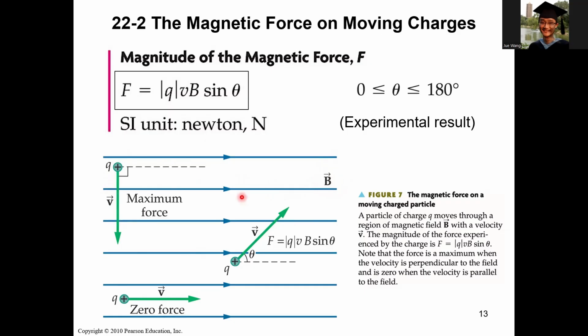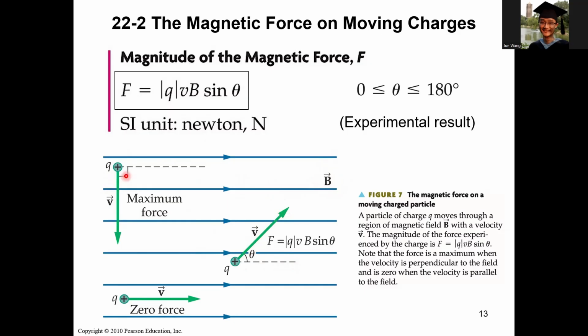The magnetic force is qv cross B, so the magnitude is qvB sine theta, where theta is the angle between the velocity vector and the magnetic field vector B.